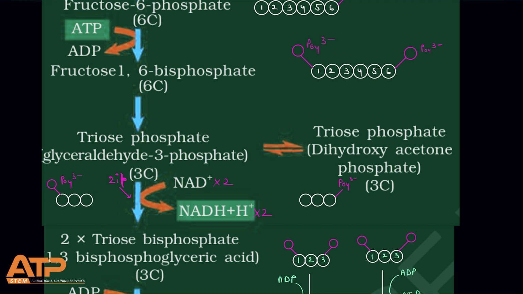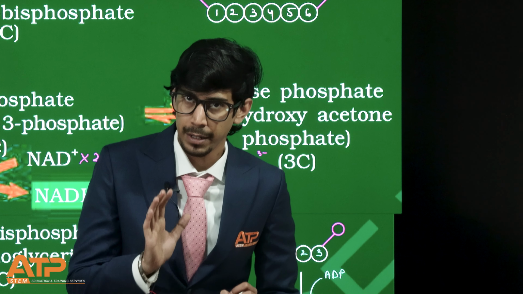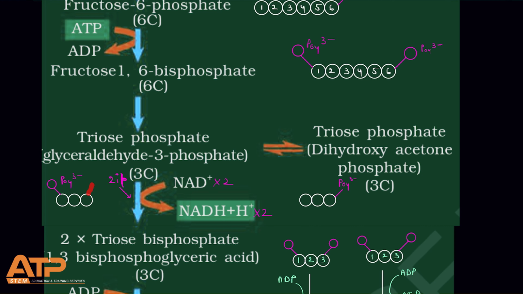You can see that this triose phosphate, glyceraldehyde 3-phosphate, will take two inorganic phosphates from phosphoric acid. It's called inorganic phosphate. One phosphate will attach here as well, along with two molecules of NAD plus getting converted into two molecules of NADH plus H plus.